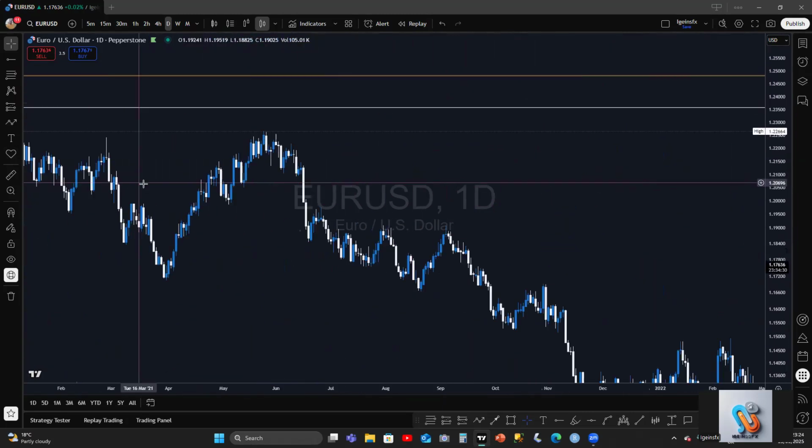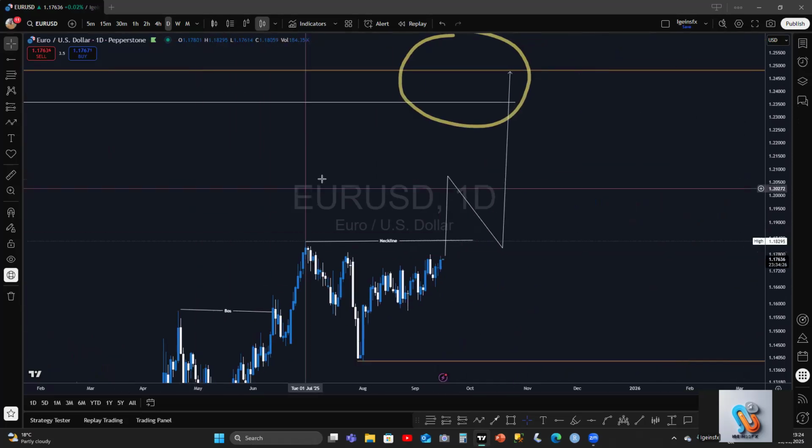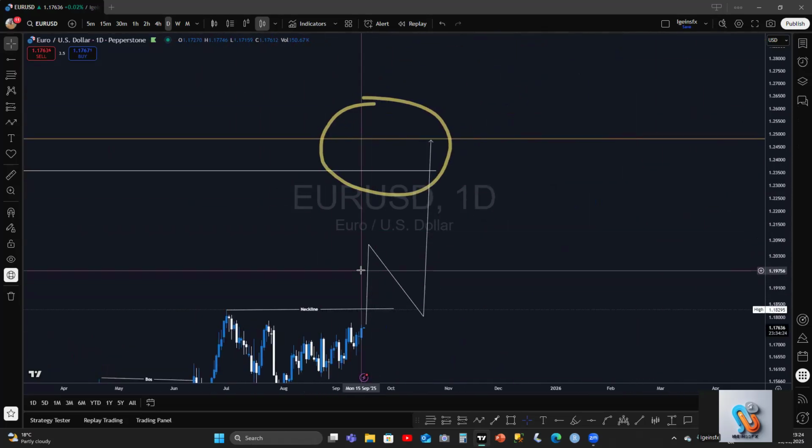All right, so we are expecting price to either get to somewhere here after pushing a little up to this place, breaking this neckline, then we're expecting price to pull back.